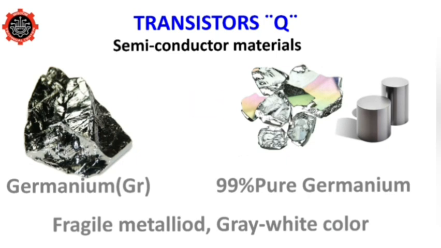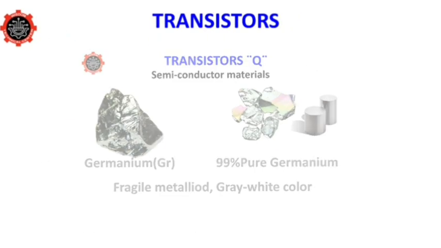Germanium lacks elasticity, flexibility, or toughness; it is a fragile metalloid with a gray-white color. When germanium is reduced to a solid form, you end up with pure germanium.